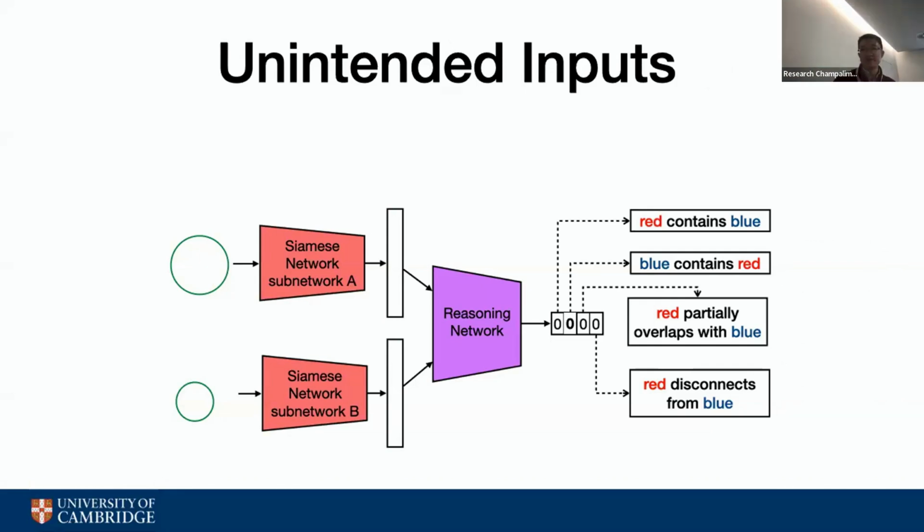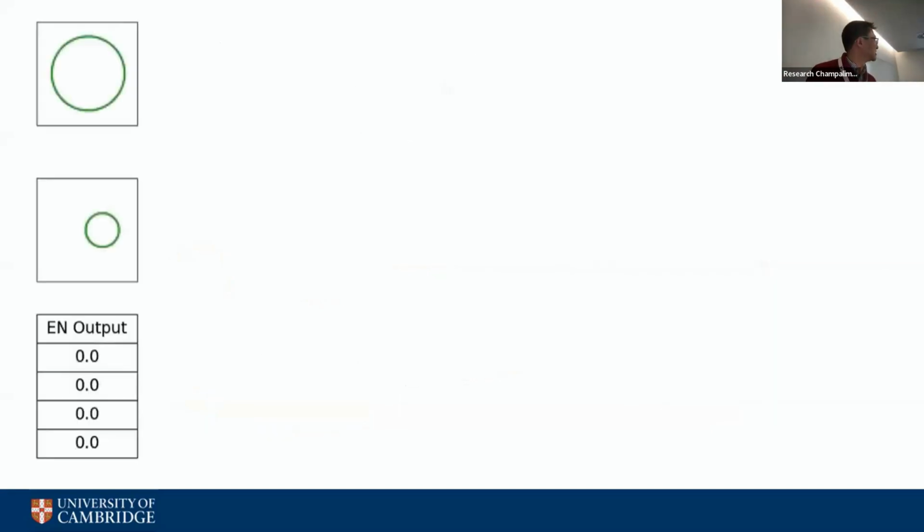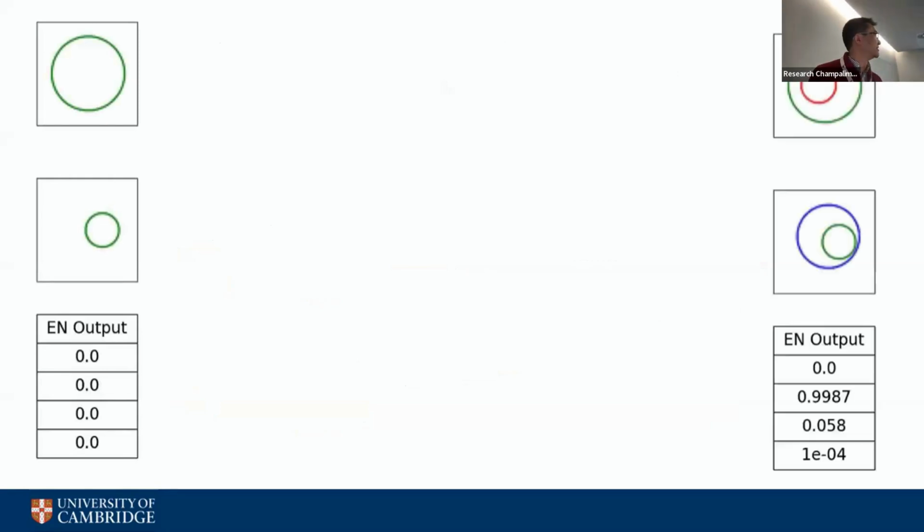So if we want to reach rigor, we have to train the network so that when it gets a single circle input, it classifies it as unintended and outputs 4 zeros. We can do that. We train the network so that for a single input, it outputs 0. And normally it reaches 100% accuracy.